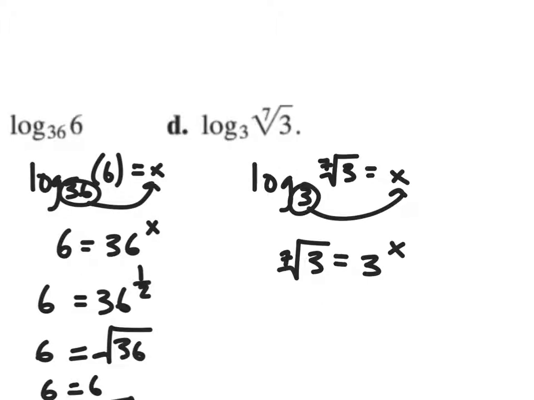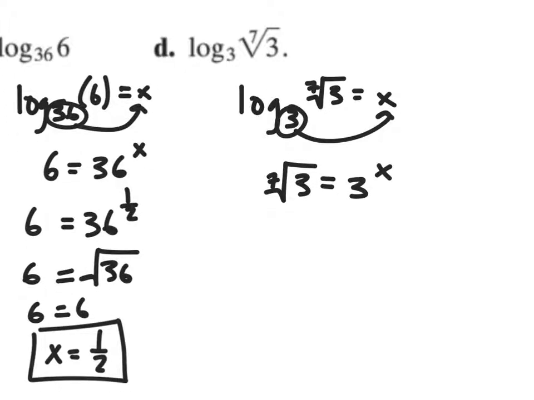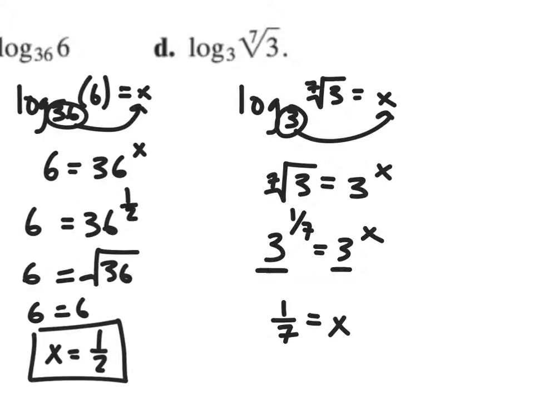If I have the 7th root of 3, remember that's really just 3 to the 1/7 power, and that's equal to 3 to the x. Now if my bases are the same, and we'll talk more about this when we're solving these equations, then I just set my exponents equal to each other, and so I get 1/7 is equal to x, and that's it.